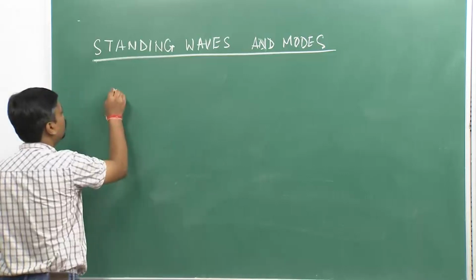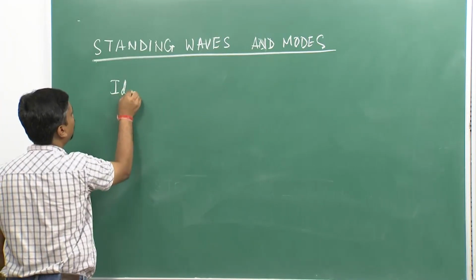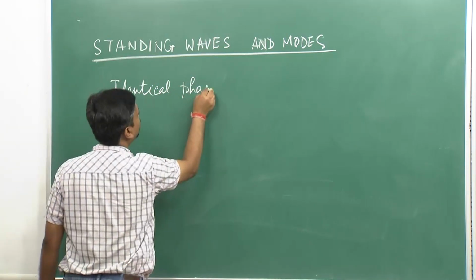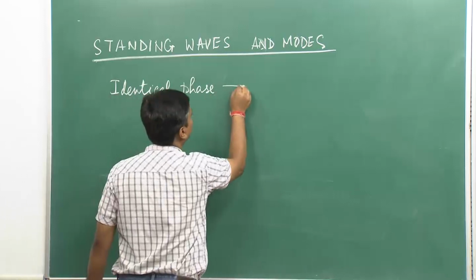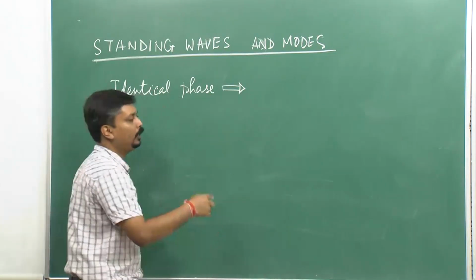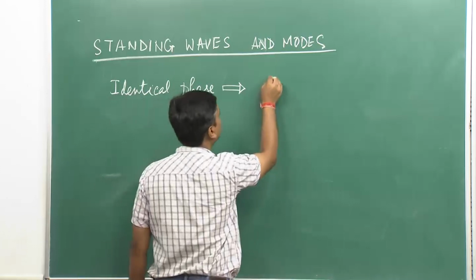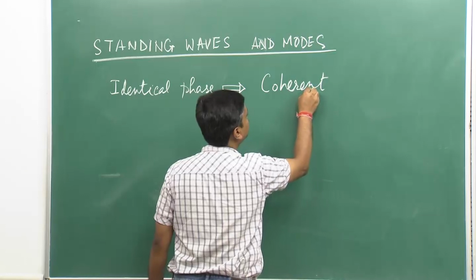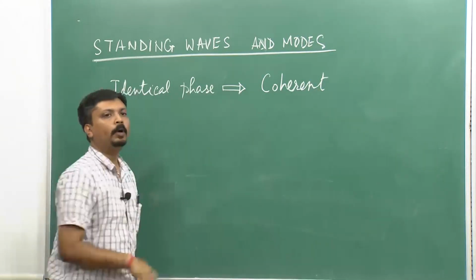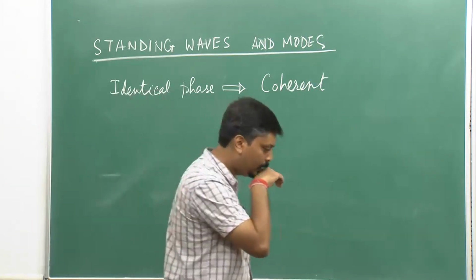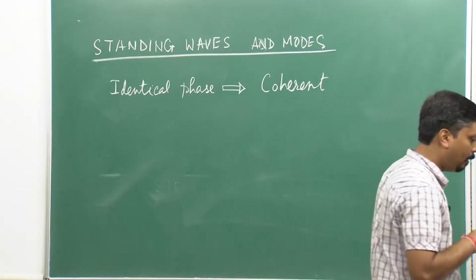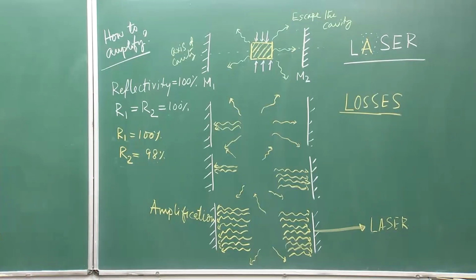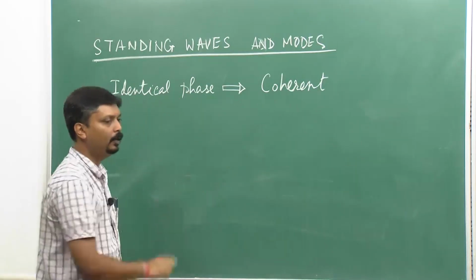So, identical phase for all the photons, and because of which we called the output ultimately as coherent. So, this concept of coherence comes from having identical phase as that of the spontaneous photons, which triggers the stimulated emission in our laser construct.